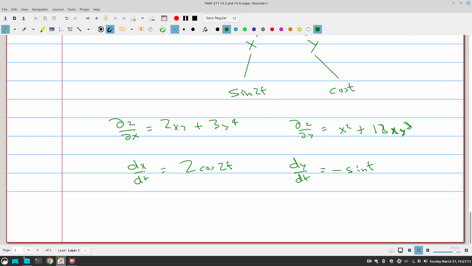And so in that case, remember, for dz over dt we have our formula, which is dz over dx times dx over dt, plus dz over dy times dy over dt.